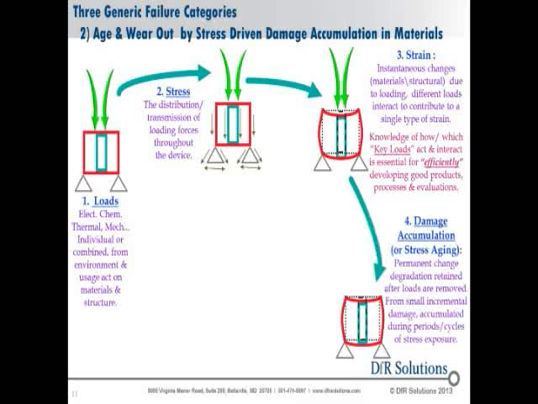Now, as materials are strained, if they are strained too much, they go into what's called plastic deformation, which means they accumulate a permanent change. If the strain is light, they stay in what's known as the elastic range, which means like a rubber band, you pull it out, you let it go, it snaps back to its original position. But with that rubber band, if you take it out too far and let it go, it may not come back 100% to its original condition.